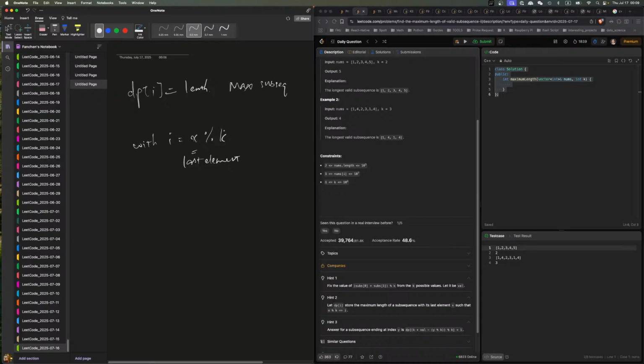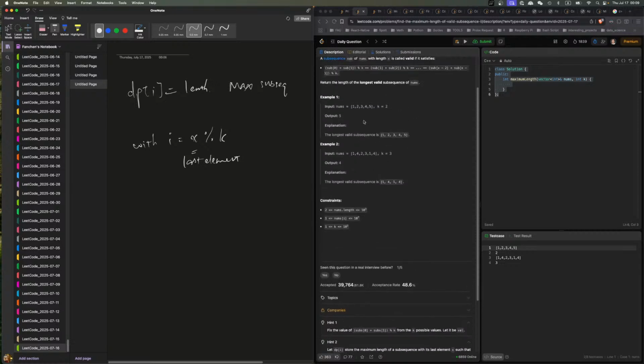So we can have the last element be any one of these, right? Then we just say, oh, if the last element is 5, then I want, so i can be k values, right? i can be k values.